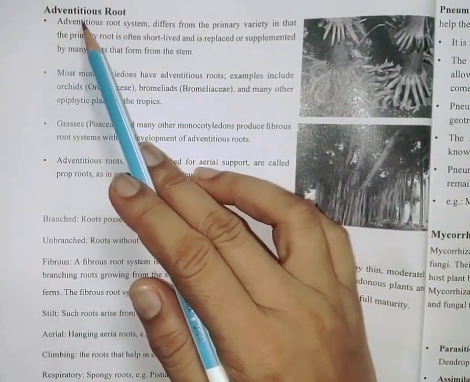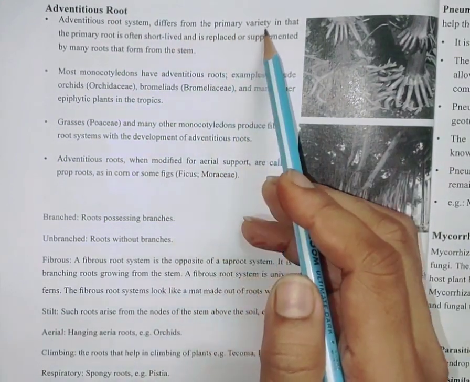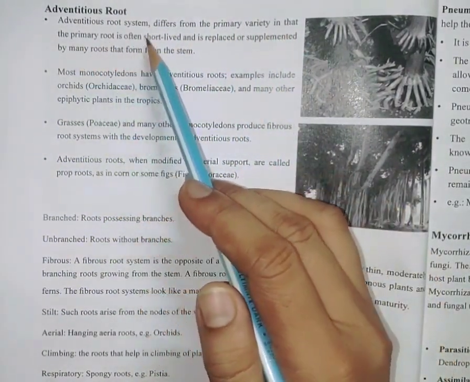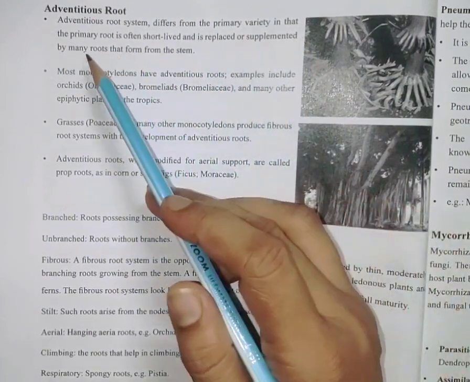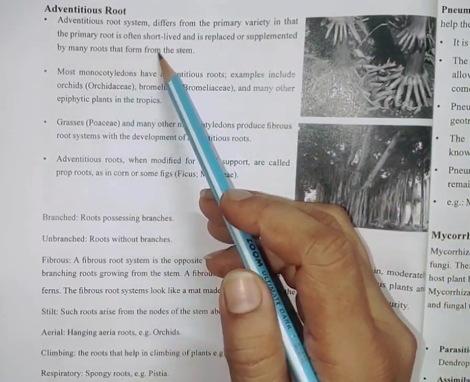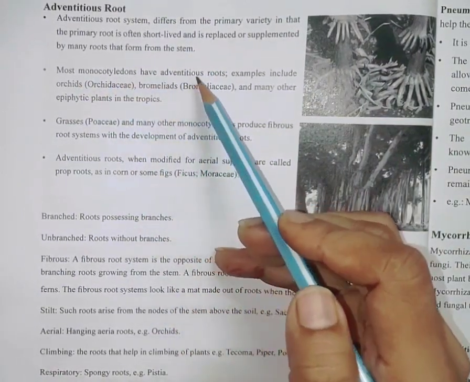The second one is the adventitious root. The adventitious root system differs from the primary variety in that the primary root is often short-lived and is replaced or supplemented by many roots that form from the stem. Most monocotyledons have adventitious roots.